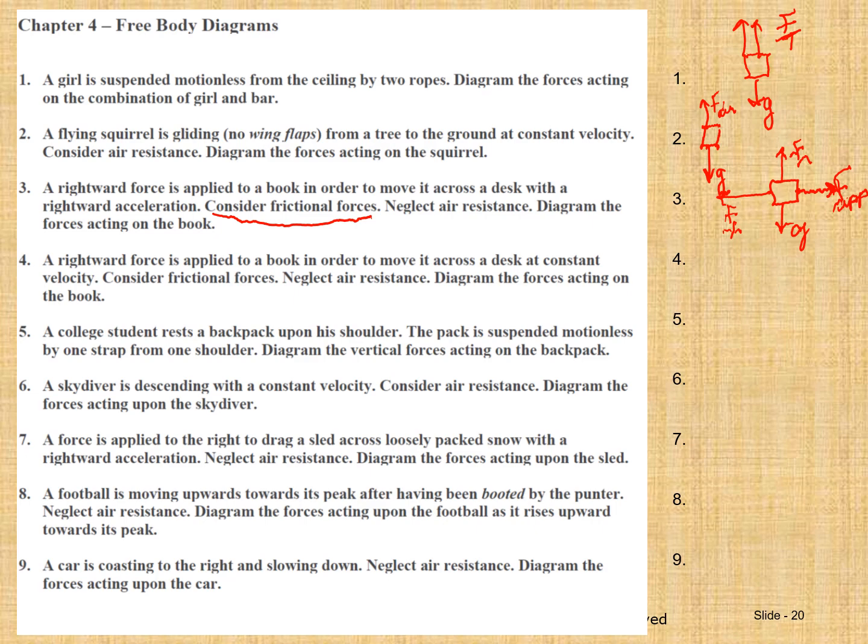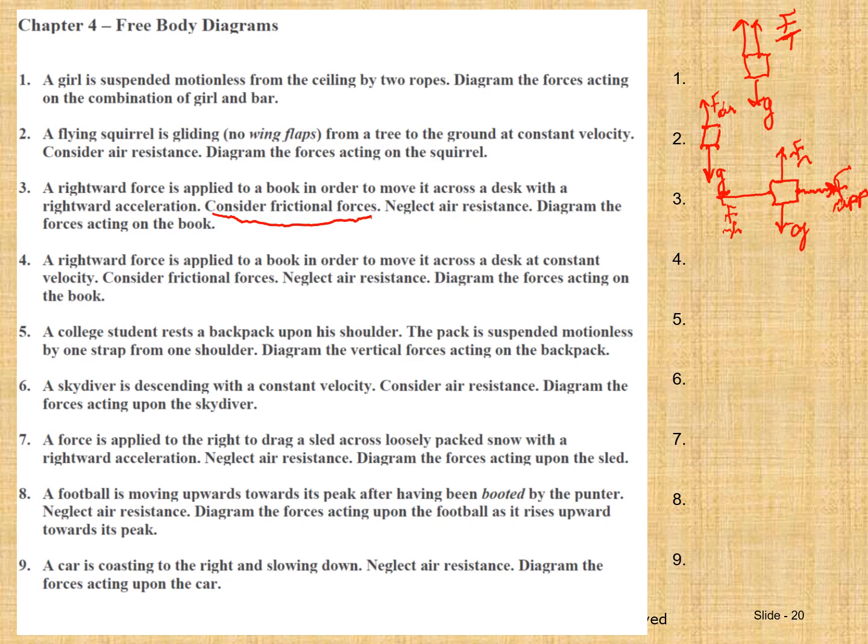Same idea with number 4. Same idea with number 5. You can work on those. I'll go through the last 2 with you. A football is moving upwards towards its peak after having been booted by the punter. Neglect air resistance.